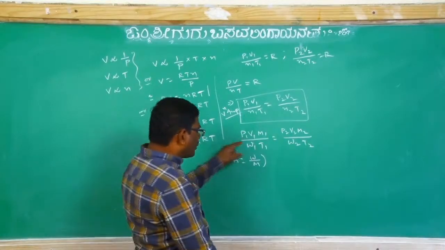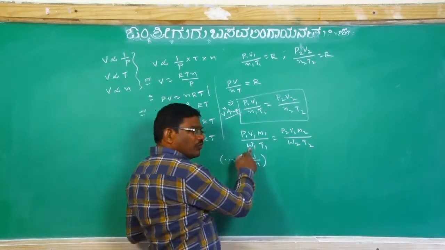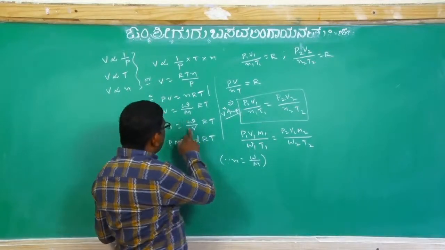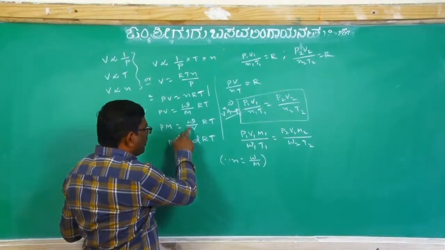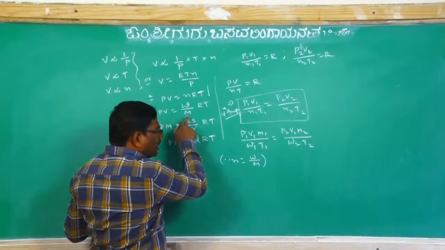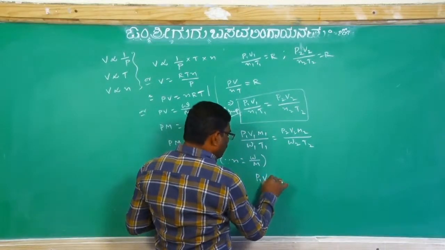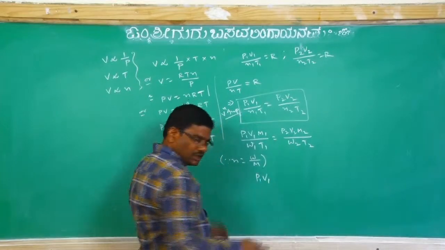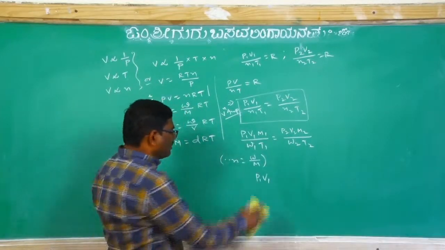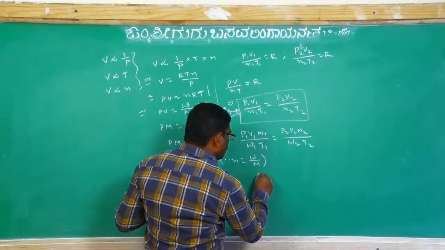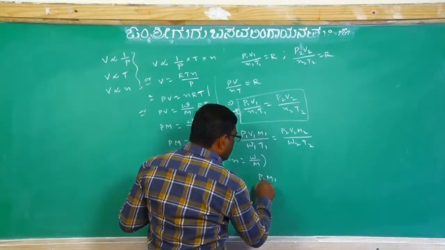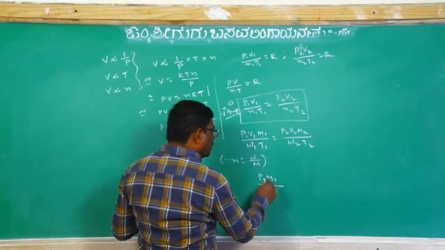Correct? Or from this, V1 by W1: W by V is d. W by V is d, so V by W will be 1 by d. So V1 goes over there. Correct? Write P1 M1 divided by V1 by W1, which is 1 by d.